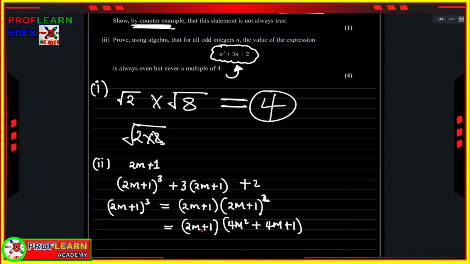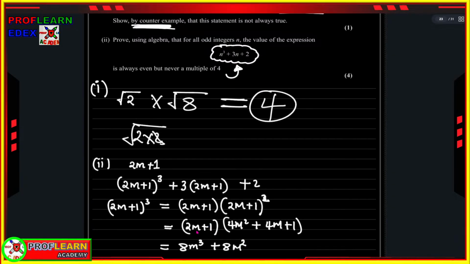So 2m times 4m squared is going to give us 8m cubed. Then 2m times 4m is going to be plus 8m squared.